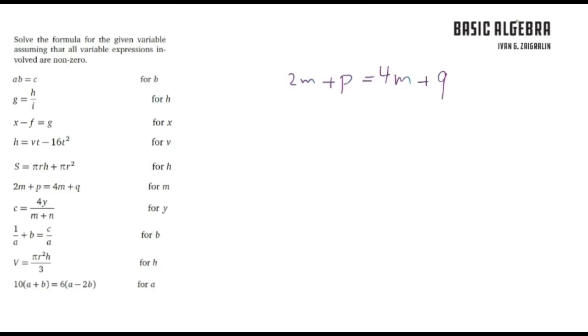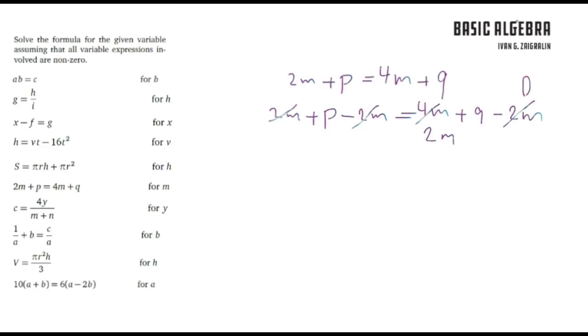So 2m plus p minus 2m equals 4m plus q minus 2m. So this 2m goes with this negative 2m, and this 4m is 2m, and this 2m is 0.